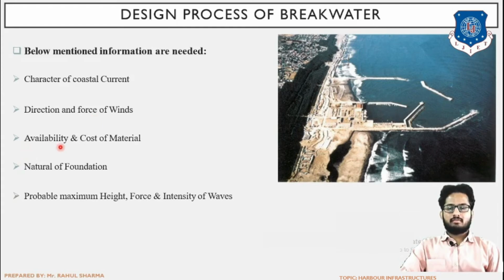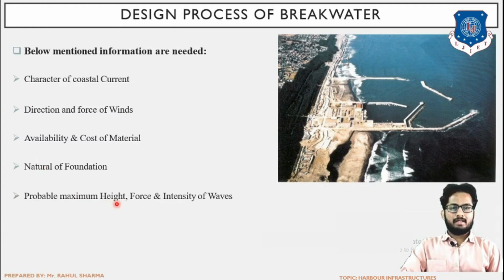Next is the availability and cost of material, that is, the material which will be needed for the construction of the breakwater. What is the availability of that material, maybe concrete, masonry or unfinished stone, and what is the cost of that material? Nature of foundation, because ultimately the load from the breakwater will be transferred through the foundation to the subsoil, so the nature of the foundation has to be known.